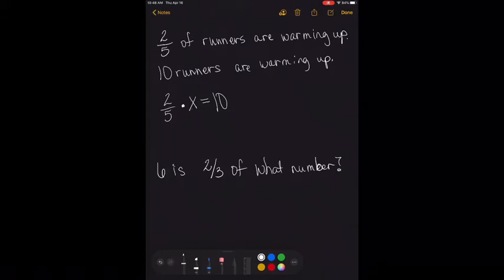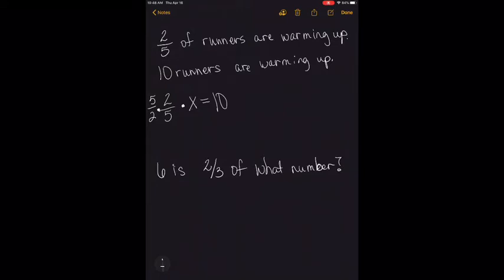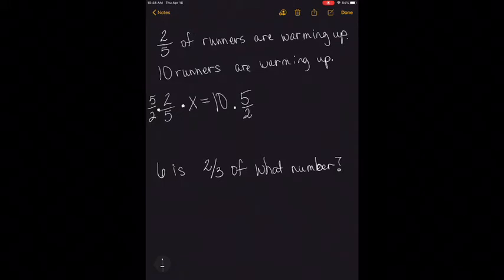Well, that's okay. We can still divide with fractions, but we have to remember what division is. Division with fractions, we multiply by the reciprocal, because anytime we multiply a fraction by its reciprocal, we get 1. And that's our goal, to get a 1 in front of that variable.